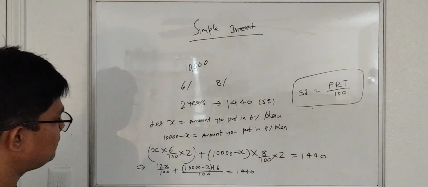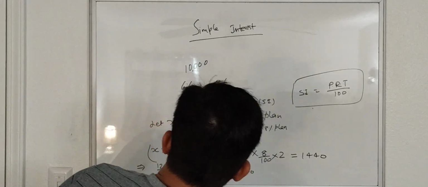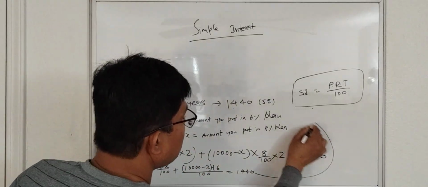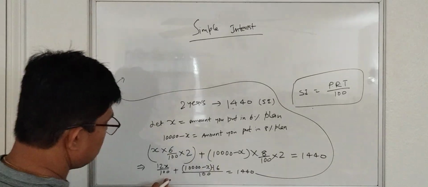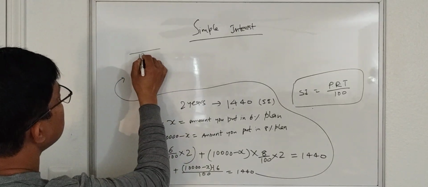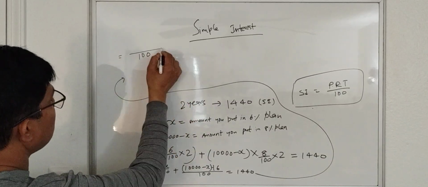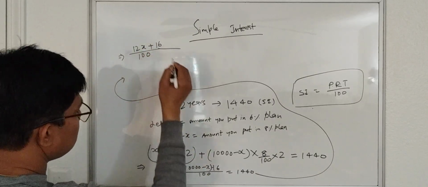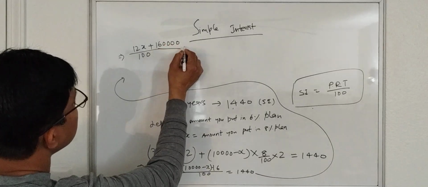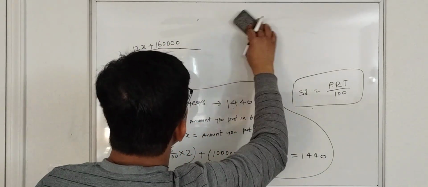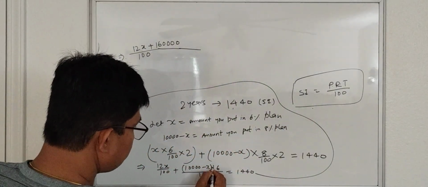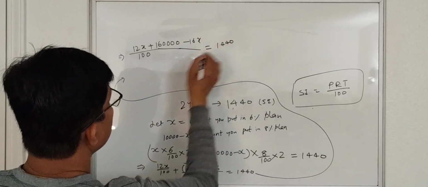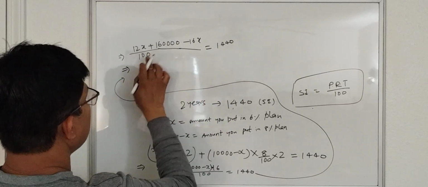So since both of these two terms have 100 as the denominator, I will take that one, and then here I can write 12x plus 16 times 10,000, 1, 2, 3, 4 zeros, and then minus, this is a multiplication sign, so minus 16x is equal to 1,440.